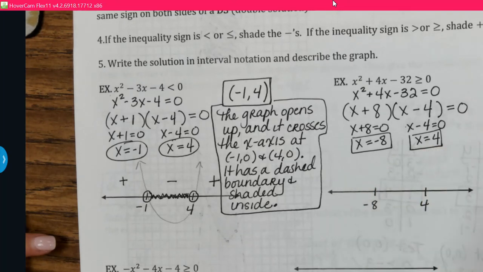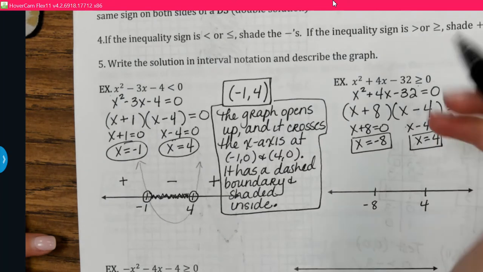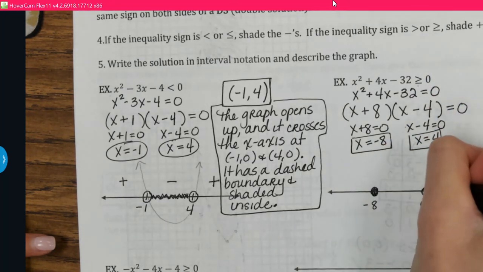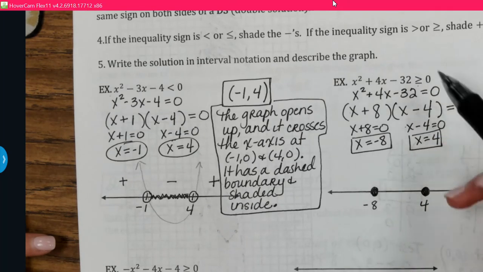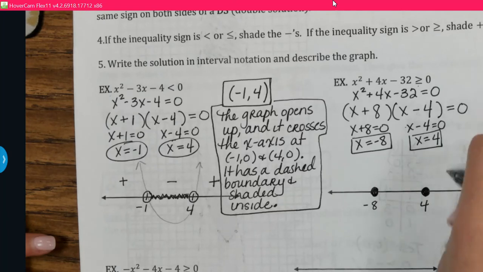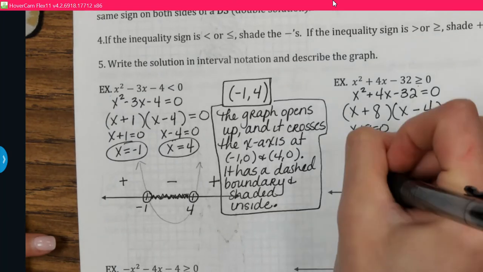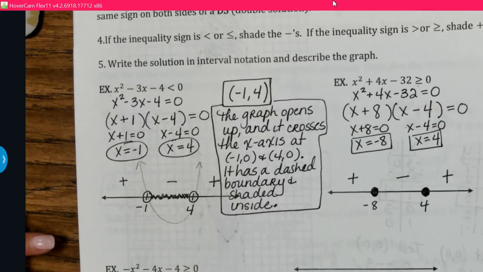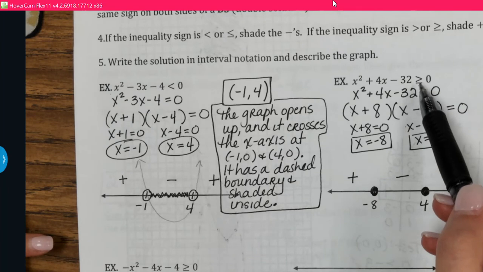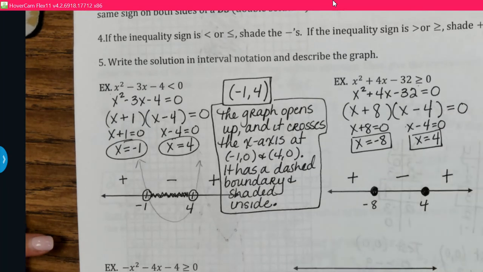Are they going to be open or closed circles? Closed because it's equal to. I'm going to look at my leading coefficient. It's positive, so I start on the right side and alternate those intervals. Now it's greater than or equal to, so I'm going to shade where? The positives or the negative? Positives. Greater than, I'm always shading positive.